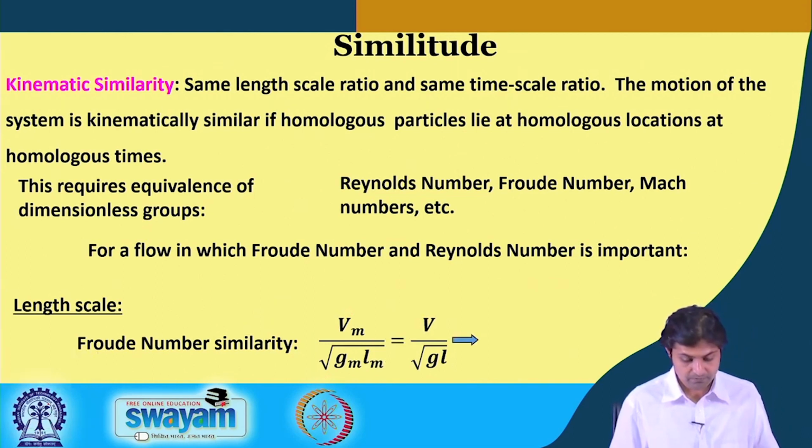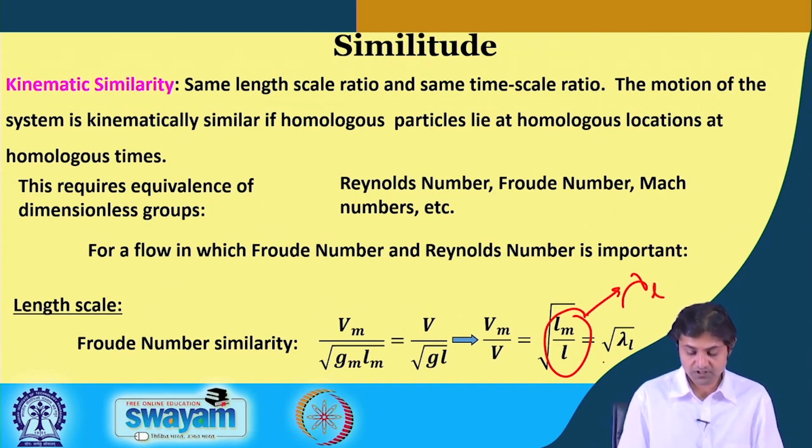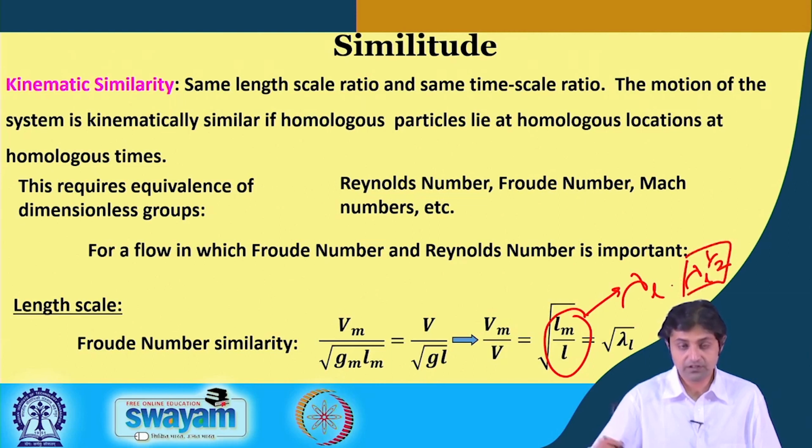This will give us Vm by V: G will cancel because G remains the same wherever on earth we are at the same height. So, Vm by V is equal to under root Lm by L. If we say the ratio Lm by L is lambda L, then for Froude number similarity, the velocity scale depends on lambda L to the power half.